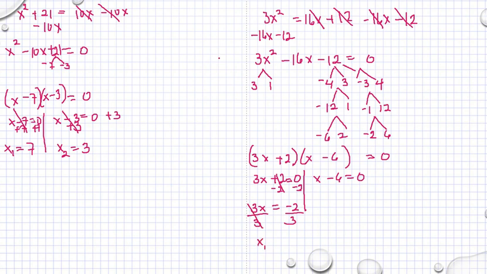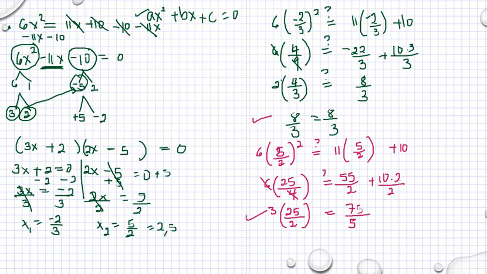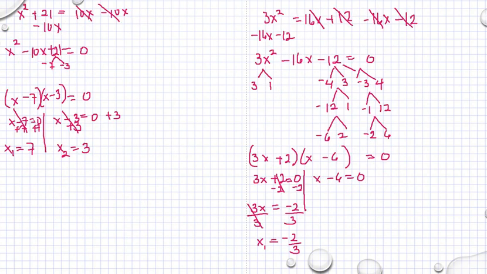Then we have x sub 1 is equal to negative 2/3. It seems that I have done this. No, I thought I did it before. And then the other one is adding 6 to both sides of the equation. Then x sub 2 is equal to positive 6.